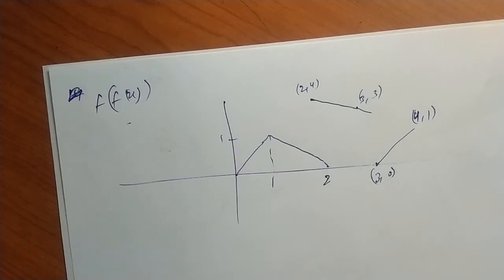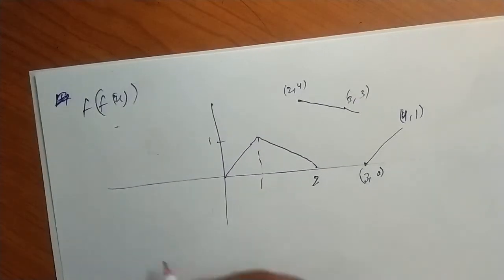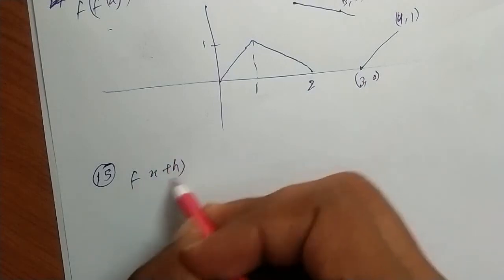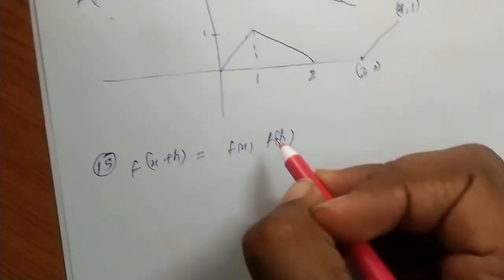Use the definition of derivative to find f dash x. So we know f of x plus h is equal to f of x into f of h.